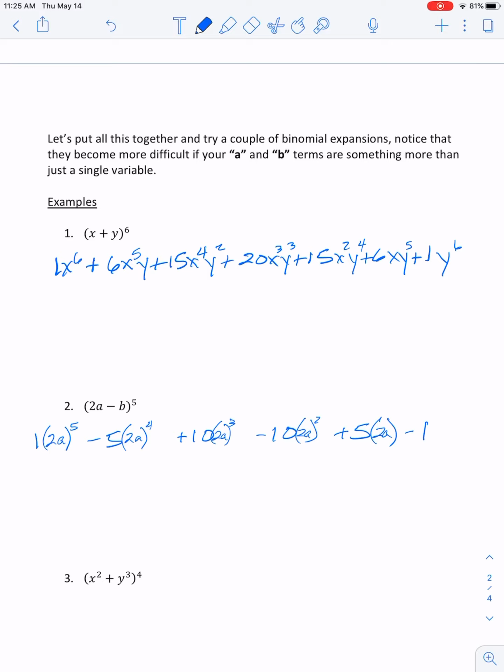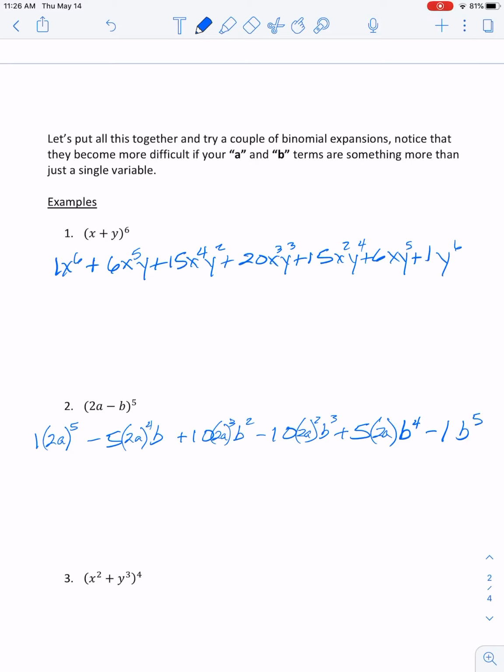Okay, no b in the first term, b to the first, b to the second, b to the third, b to the fourth, and again I'll bring back that 1, and it would be b to the fifth.